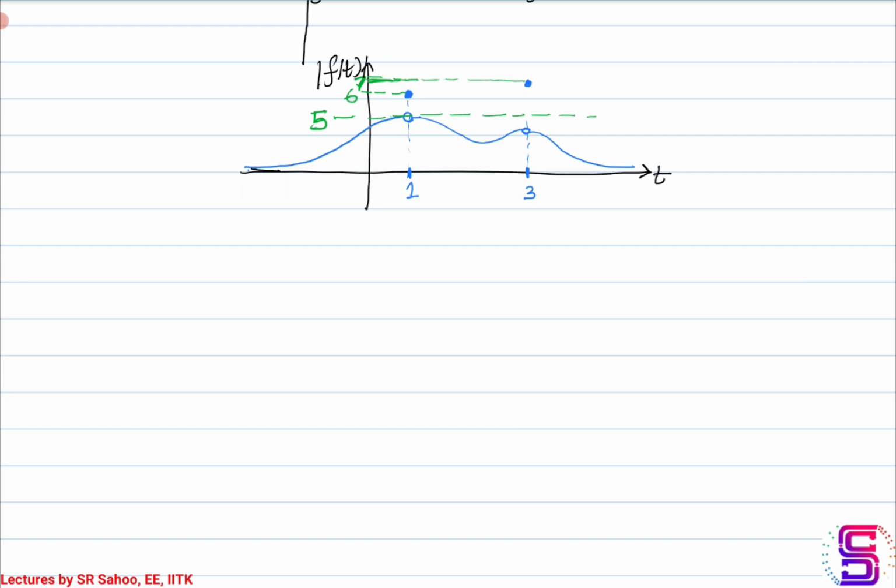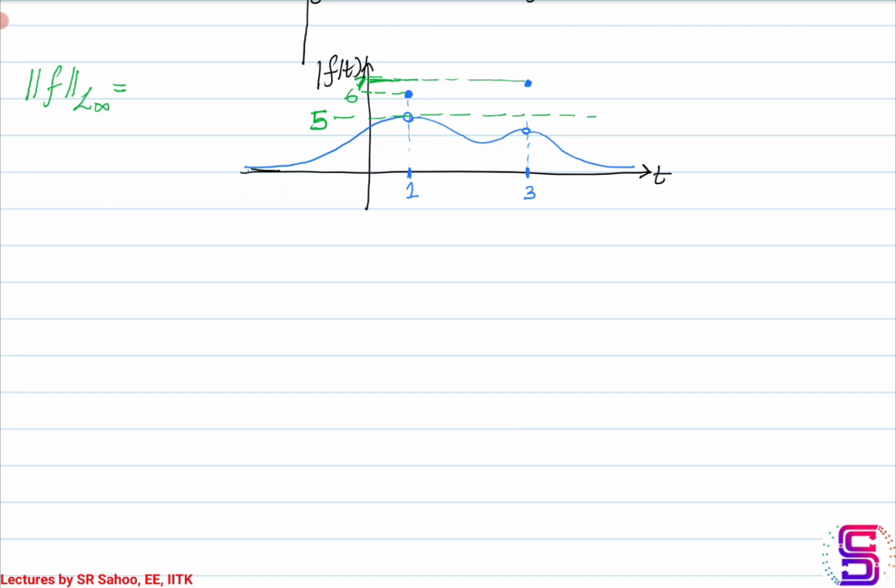Okay, so what will the L infinity norm of f be? Had it been defined as the supremum of f of t over the entire time interval, then supremum would essentially mean the minimum value that bounds the norm. But here the minimum value that bounds the norm for all time would have been 7. So in that case, supremum is 7.